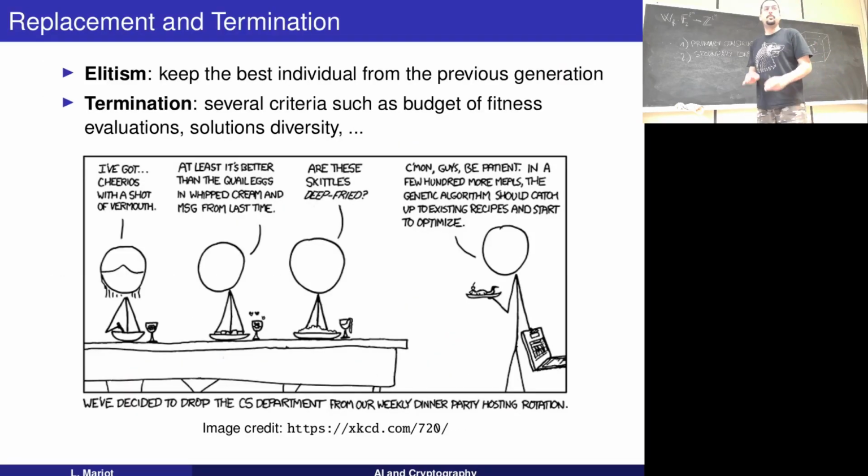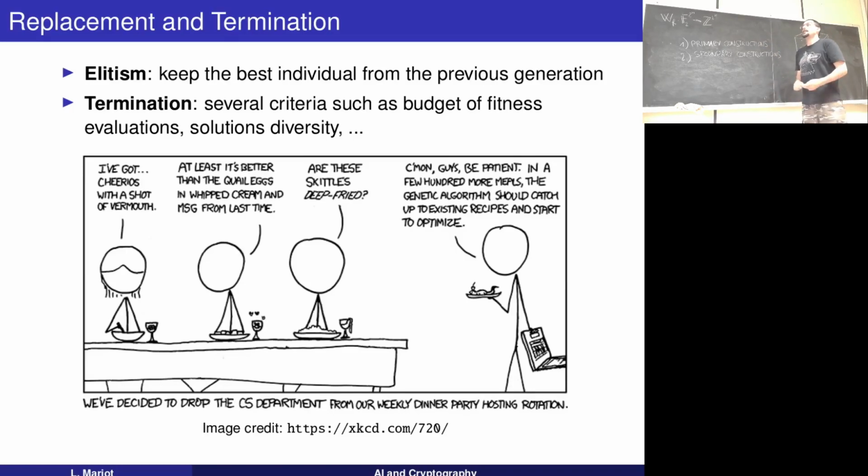Finally, we have replacement and termination. For replacement, when we combine our new generation with the old one, usually you want to keep some kind of elitism criterion, in the sense that the best individuals from the previous generation are brought forward to the next generation, because in this way you're not losing the best local optimum that you found so far.